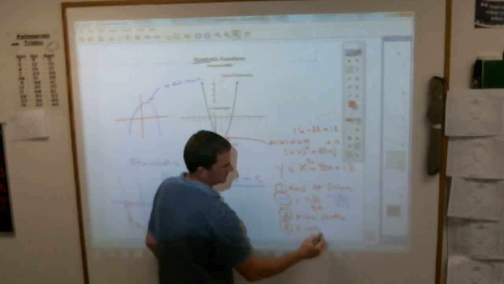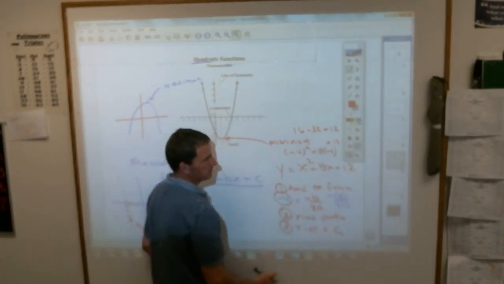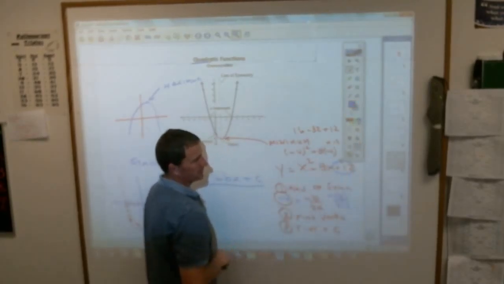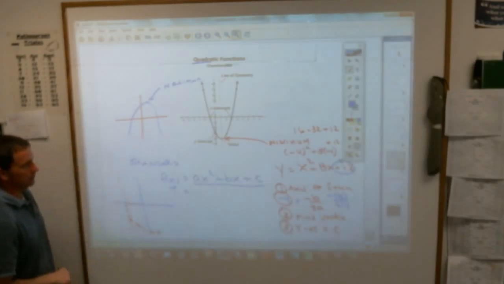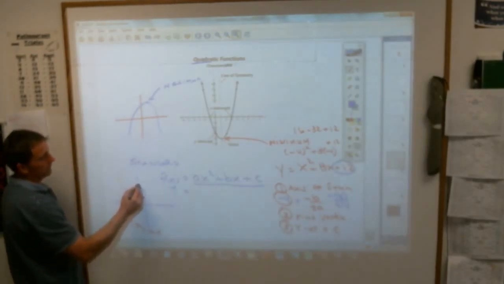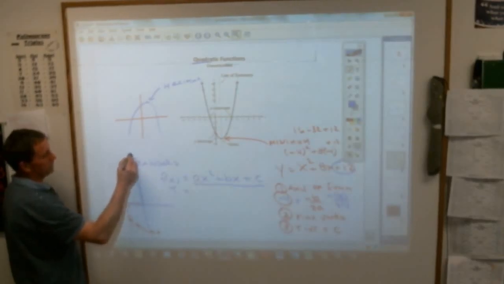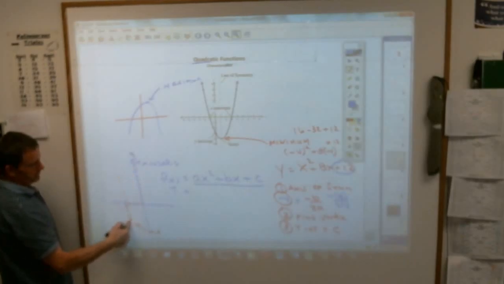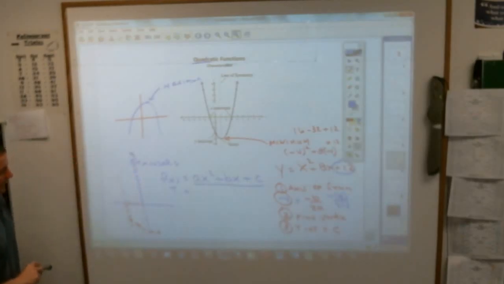It's c. Whatever this number is right here, this is where it crosses the y-axis. So on mine, I've got to go up 12. So I know my little graph is going to center around this and shoot up like that.